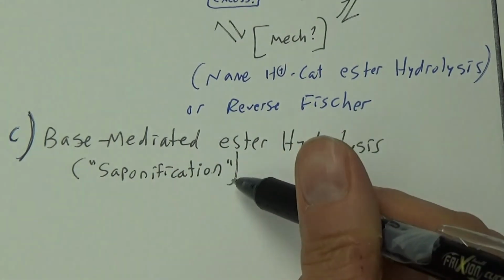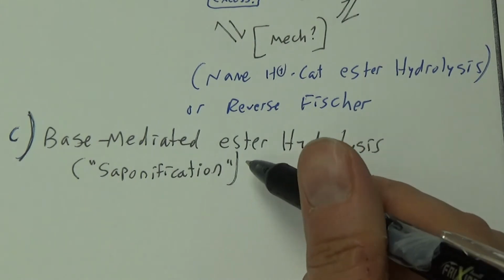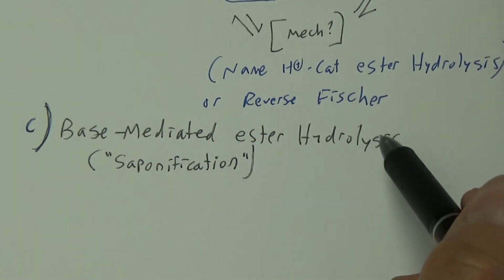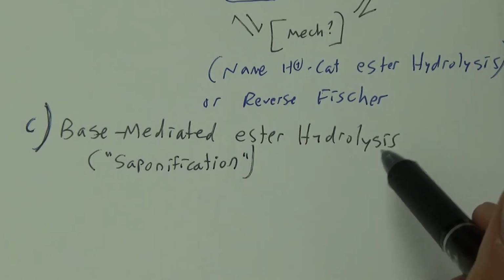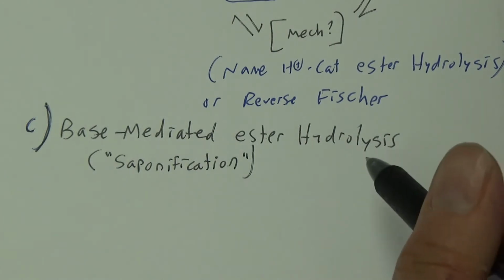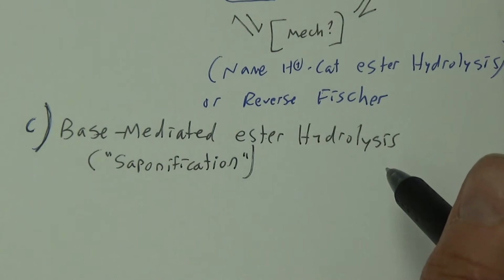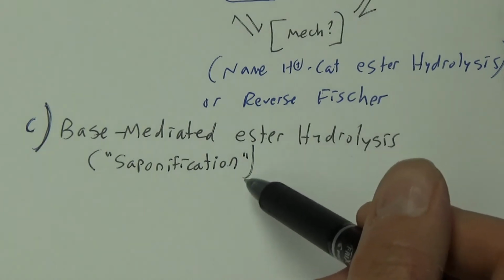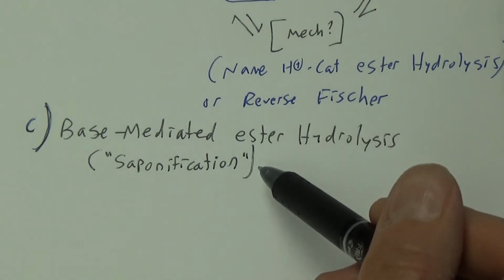Saponification means soap making. A lot of soaps are actually made by base-mediated ester hydrolysis. Historically, a lot of soaps from 100 years ago were made by taking esters and hydrolyzing them, and it creates soap molecules.